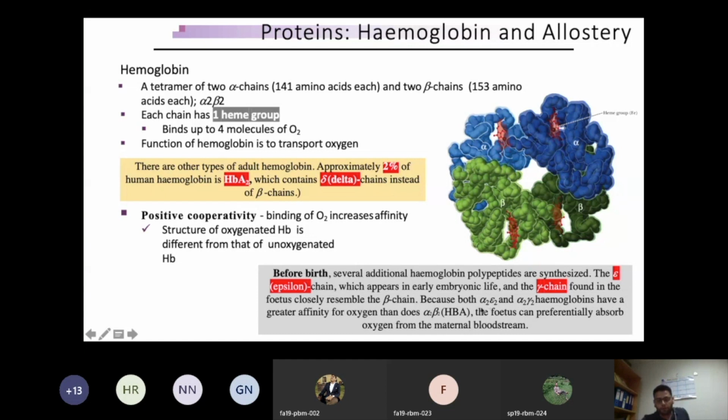You can name them alpha 2 epsilon 2 and alpha 2 gamma 2 hemoglobin, and these are present before birth or soon after birth in the human body, but they are not excellent carriers of oxygen. So most of the time the prenatal or neonatal organism depends on oxygen which is present in the maternal bloodstream. So most of the oxygen is coming from the maternal bloodstream.